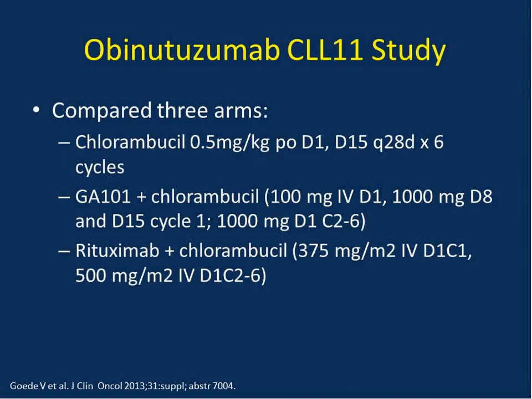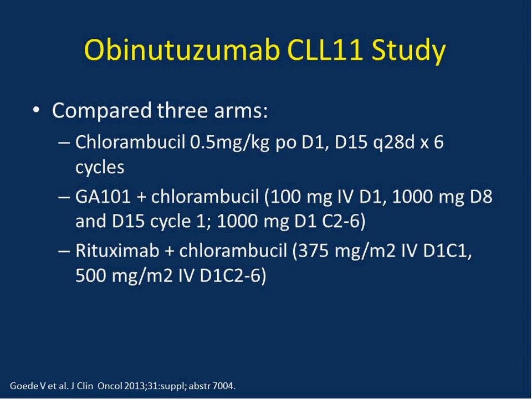The approval was based on data from the CLL-11 study, and basically there were 3 arms in this particular study: chlorambucil by mouth on day 1 and day 15, GA101, or obinutuzumab, plus chlorambucil.